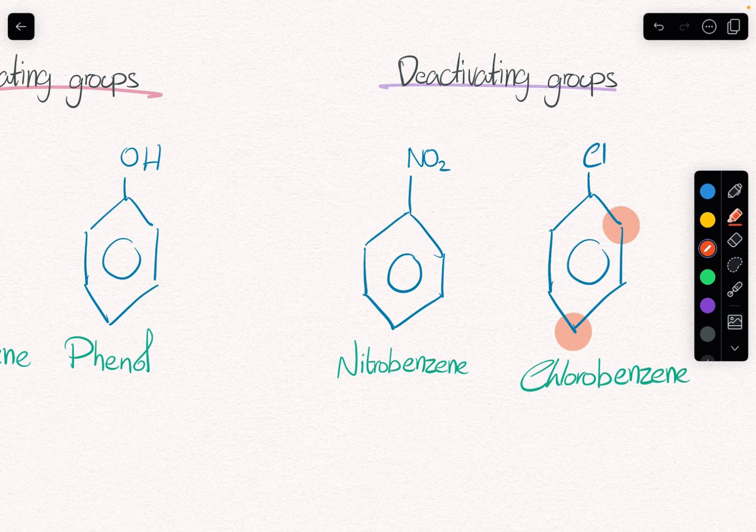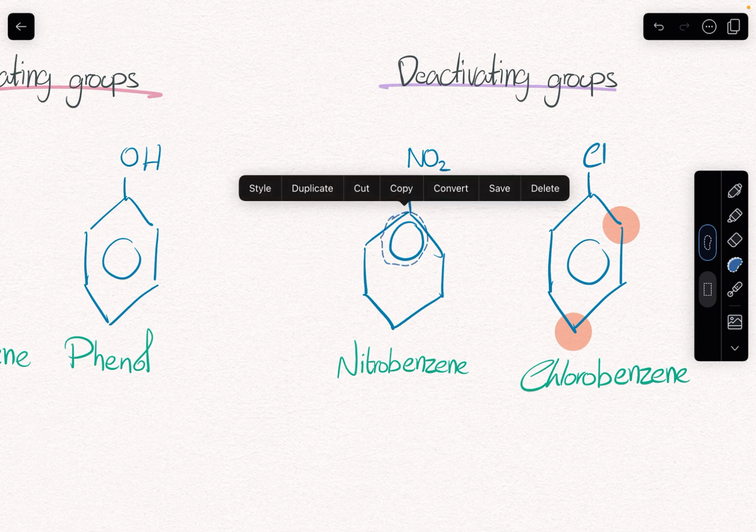Now, the nitro group is extremely electron withdrawing. So it's going to pull almost all of the electron density. If you imagine this ring here, it's going to pull all of the electron density right up to the top.